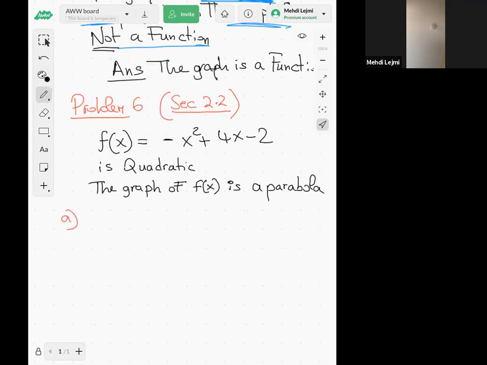So for the vertex, guys, we have a formula, which is the following. The x coordinate is minus b over 2a, and the y coordinate is f of minus b over 2a.